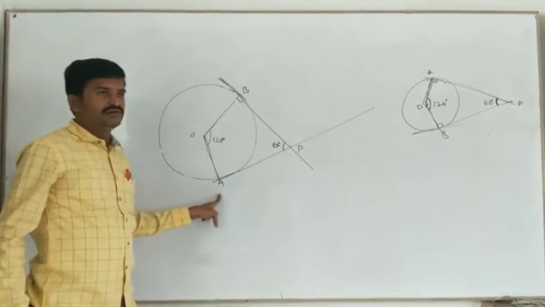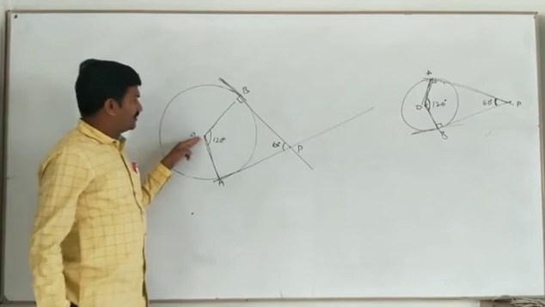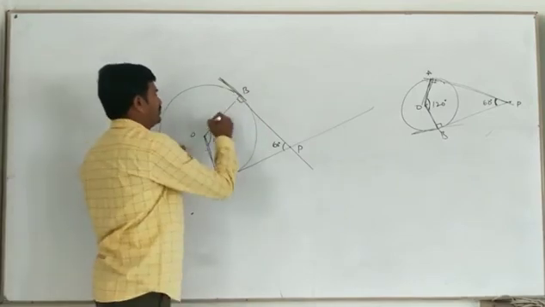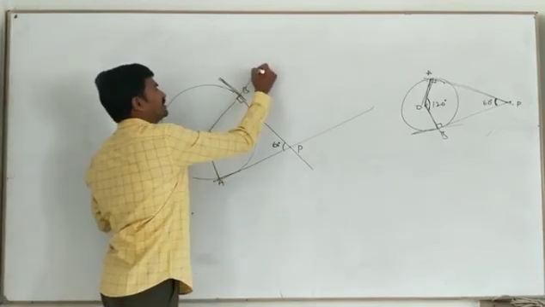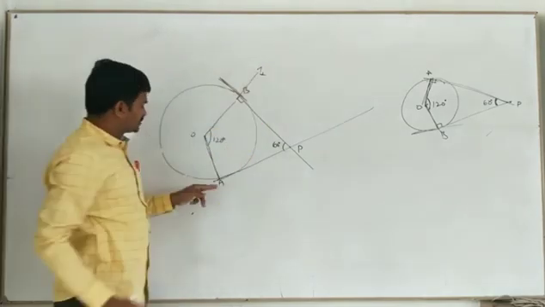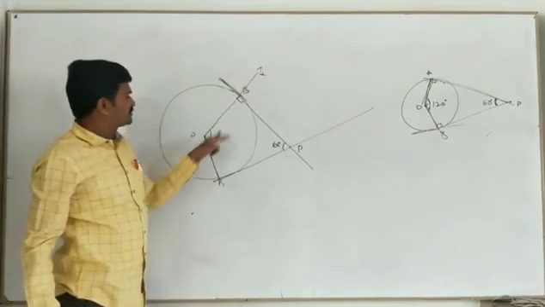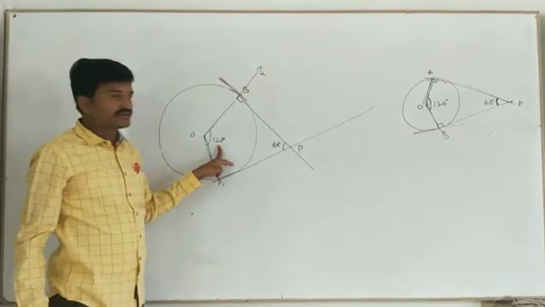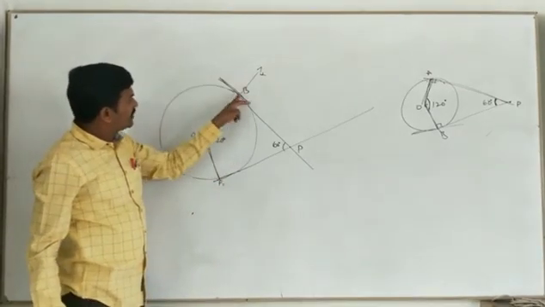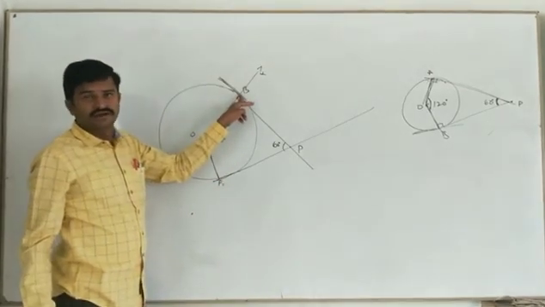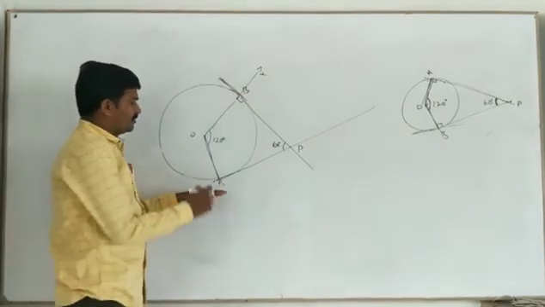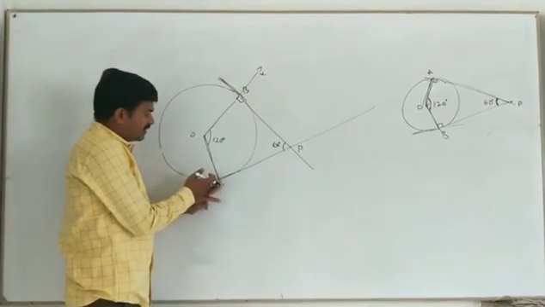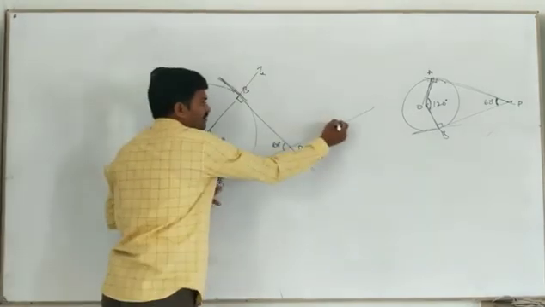Are you clear? Draw another angular ray OX, something like that, such that angle AOX equals 120 degrees, which intersects the circle at one point named B. Are you clear? Now draw an angular ray at A, some name you can give, no problem.